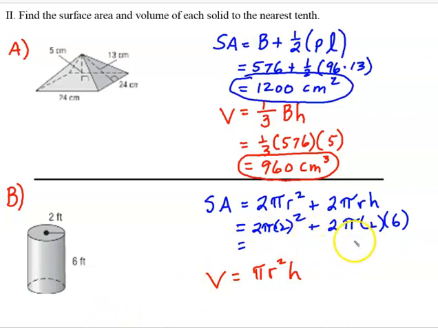And then we'll add that to 2 pi times 12. And it looks like we got, rounded to the nearest tenth, 100.5 square feet.